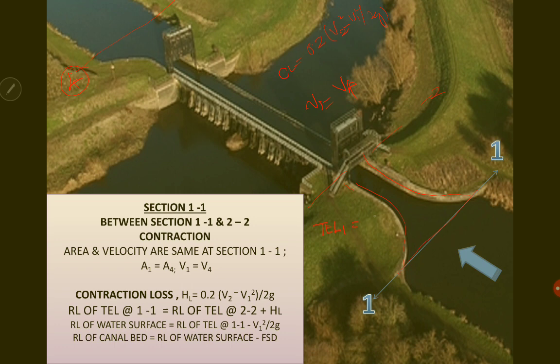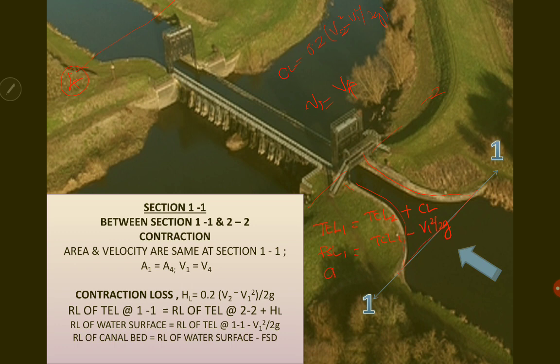TEL at 1 is equal to TEL at 2 plus the contraction loss. And also FSL at 1 is equal to TEL at 1 minus the kinetic energy loss V1 square by 2g.